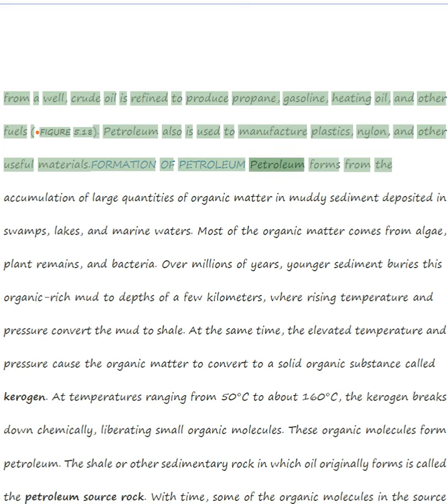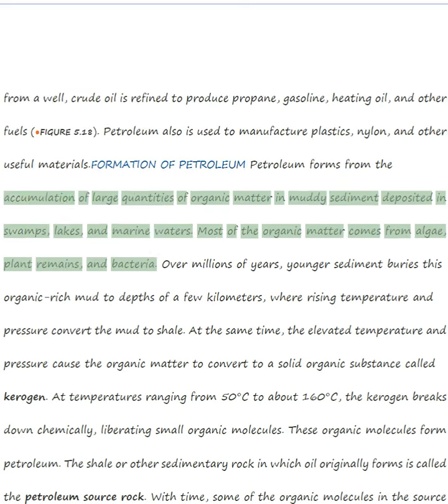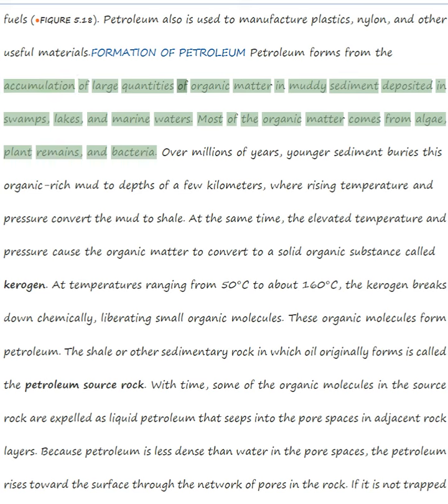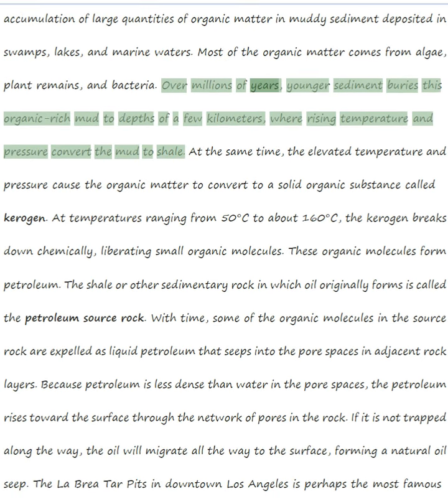Formation of petroleum. Petroleum forms from the accumulation of large quantities of organic matter in muddy sediment deposited in swamps, lakes, and marine waters. Most of the organic matter comes from algae, plant remains, and bacteria. Over millions of years, younger sediment buries this organic-rich mud to depths of a few kilometers, where rising temperature and pressure convert the mud to shale.